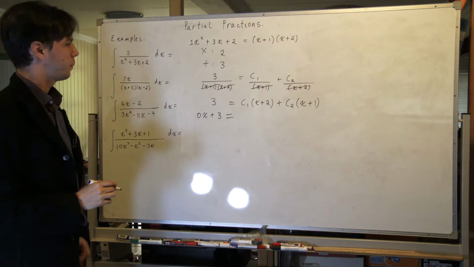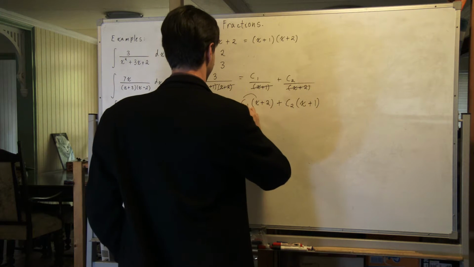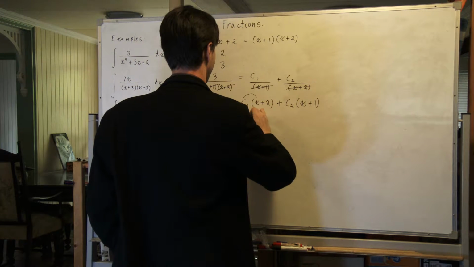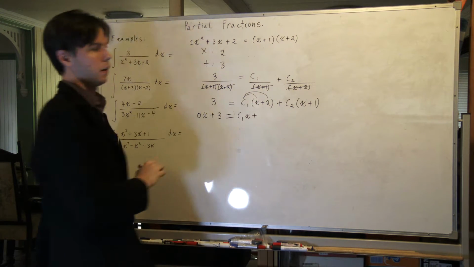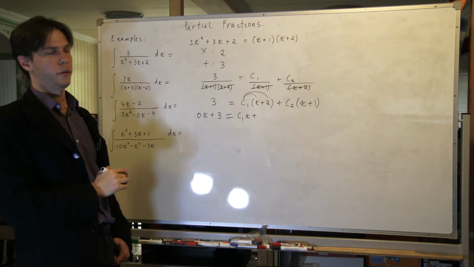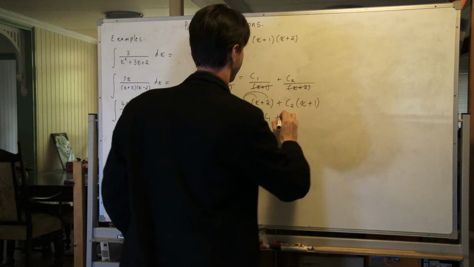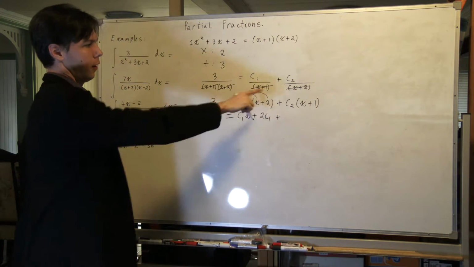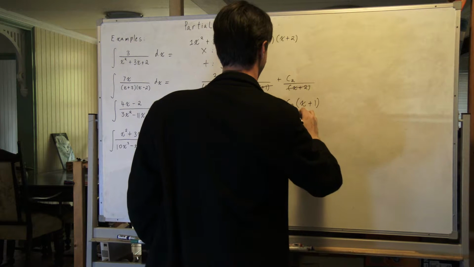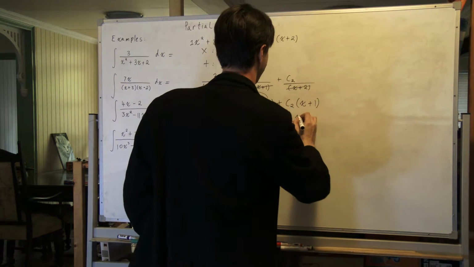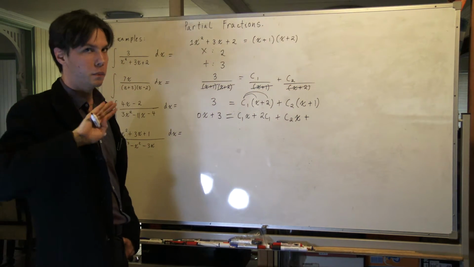And then I expand these brackets. I have c1 times x plus c1 times 2, so 2c1. And then I expand over here. I have c2 times x plus c2 times 1, which we understand is just c2.